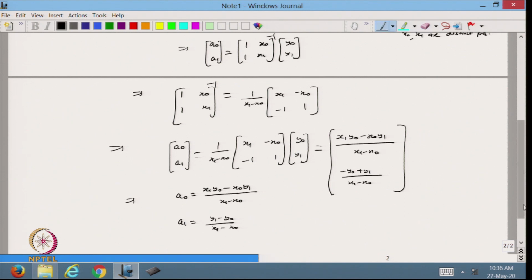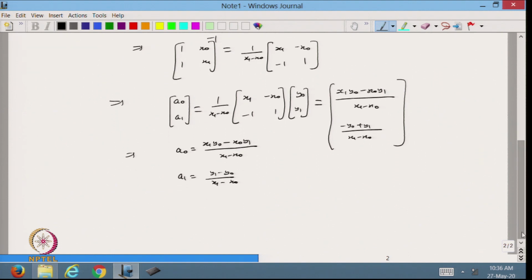Now, if I substitute these values in the given expression, my linear polynomial p1(x) can be written as x1 y0 minus x0 y1 over x1 minus x0, plus a1 over x1 minus x0 into x.